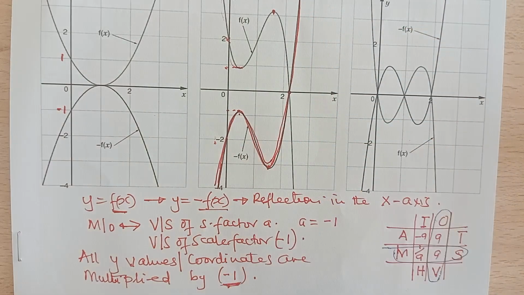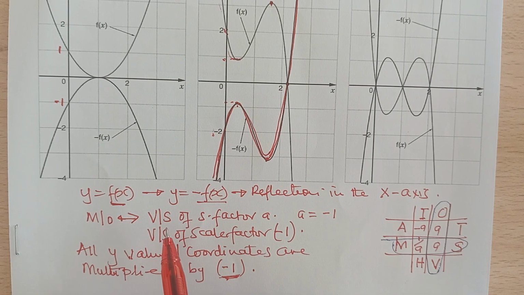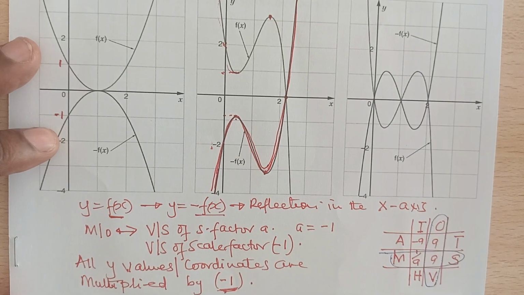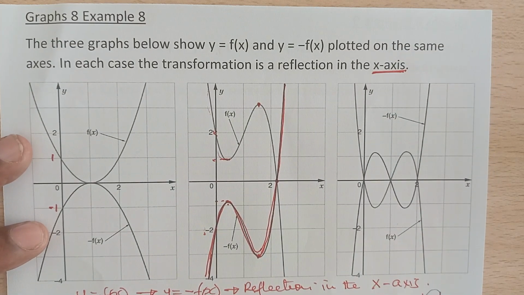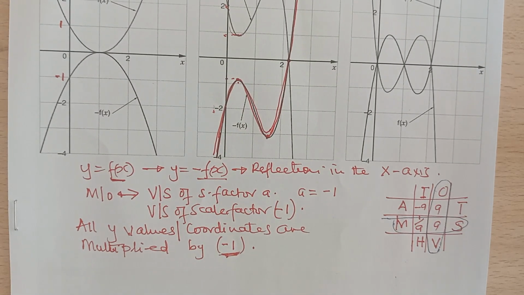This is as a result of multiplication outside, which is a vertical stretch of scale factor -1, meaning that all y values are multiplied by -1. That is just our explanation, and with the support of MAIO, we can never go wrong. Let us meet in the next video.